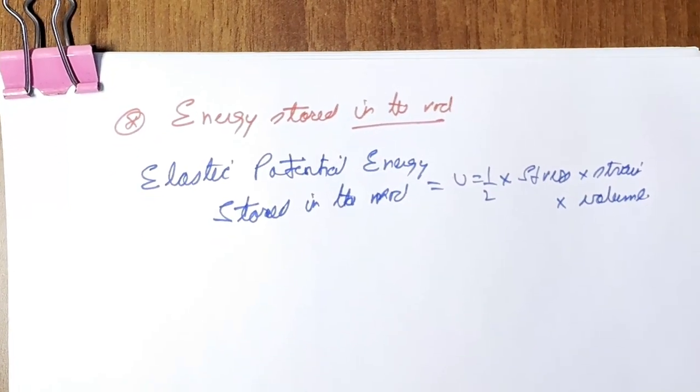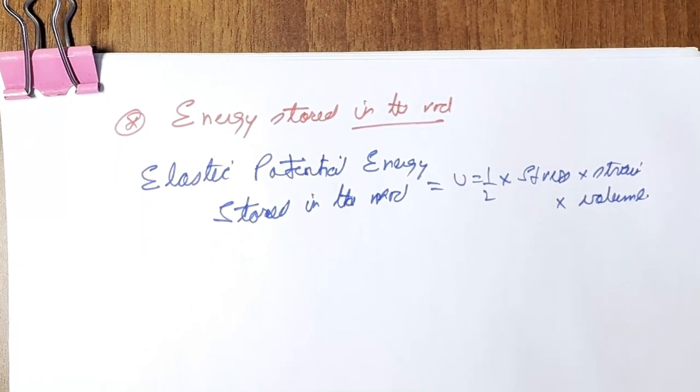And volume we can calculate: volume will be equal to area of cross section multiplied by length of the rod.